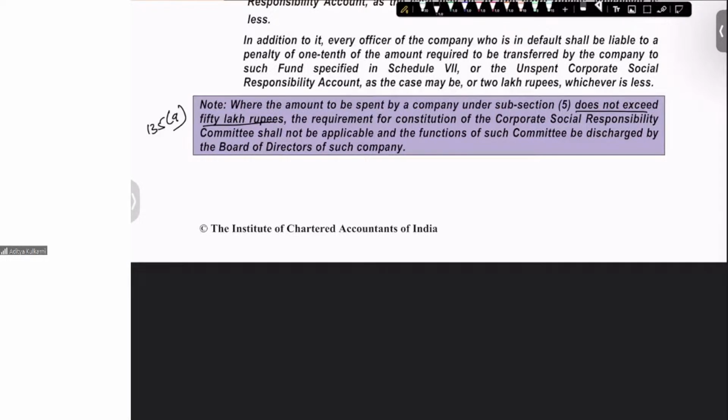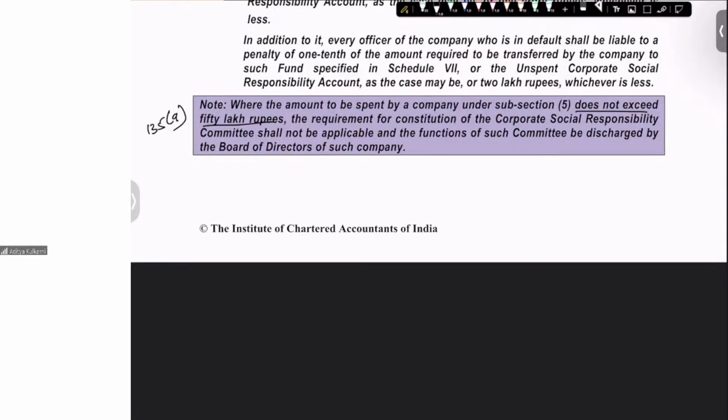Board meetings, decisions, discussions will happen. So all of that is subject to a materiality of 50 lakhs. So if the amount to be spent, that is 2% of net profit, does not exceed 50 lakhs, then there is no need to constitute a CSR committee. You can directly discharge the function through the board of directors.